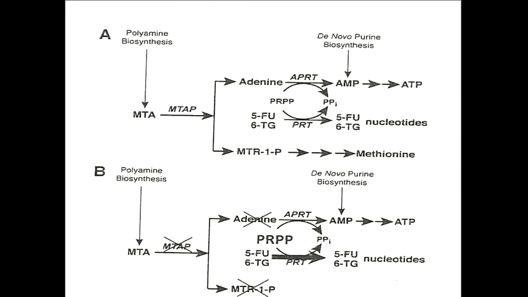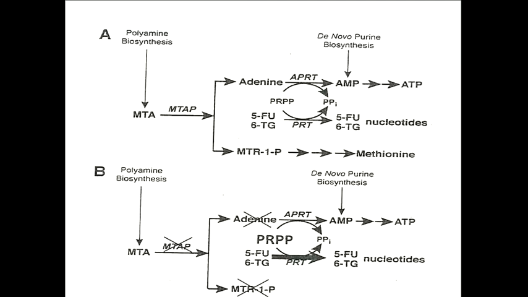So again, the same slide shows the rationale for this, and that is that in the presence of methylthioadenosine phosphorylase, if one gives methylthioadenosine, you load up the cells with adenine. As a consequence, you have a higher concentration of adenine in cells.